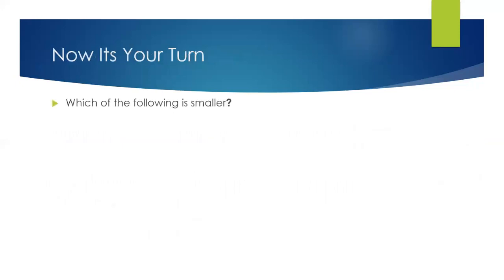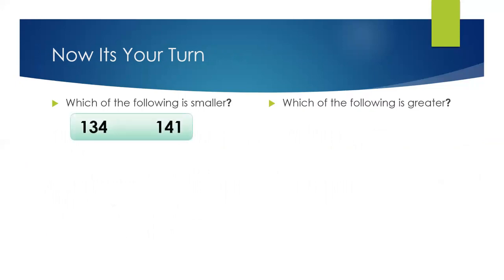So now it is your turn. Firstly, you will tell me which of the following is smaller and which is greater. We are having a pair of numbers here. I have told you that when we are comparing numbers, we start from the highest place value. So firstly, we will compare 1 with 1. Oh, they are the same.